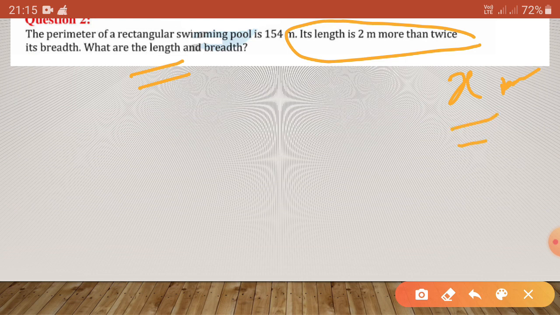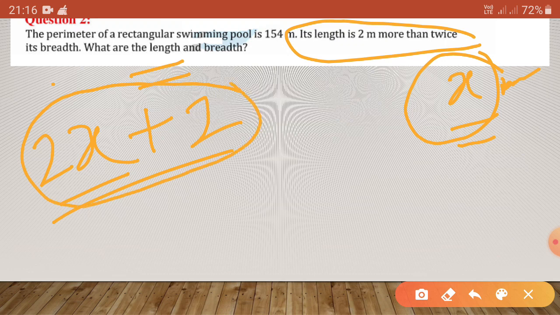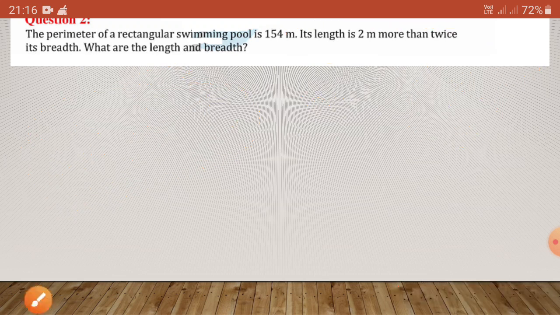Breadth is x, so twice its breadth will be 2x, and then 2 meter more, so it will be 2x plus 2. So the breadth is x meter and the length of this rectangular swimming pool will be 2x plus 2 meter. Got it? Okay, so already we have the value of length and breadth.